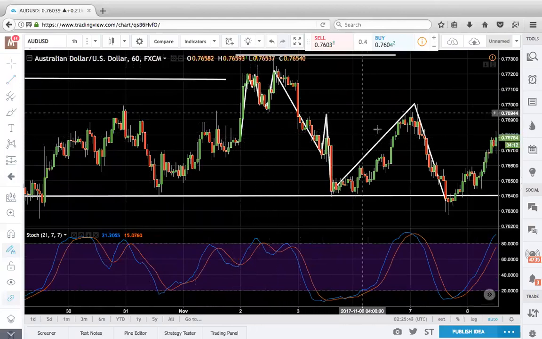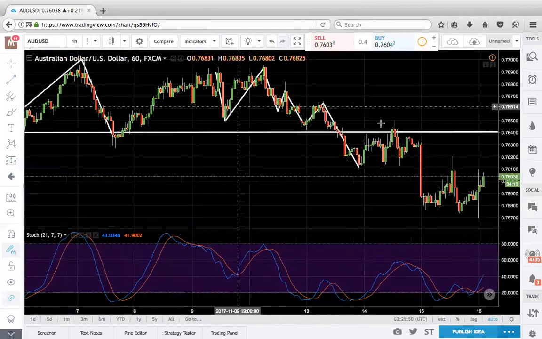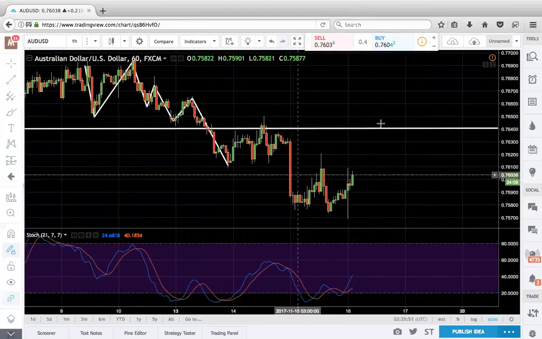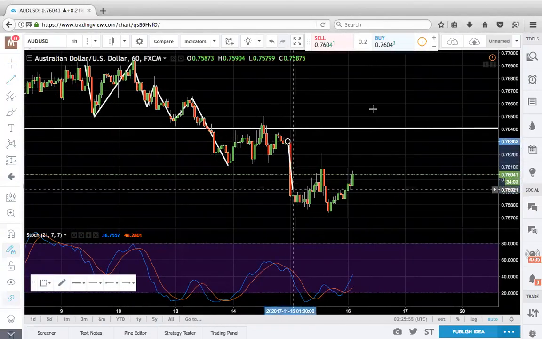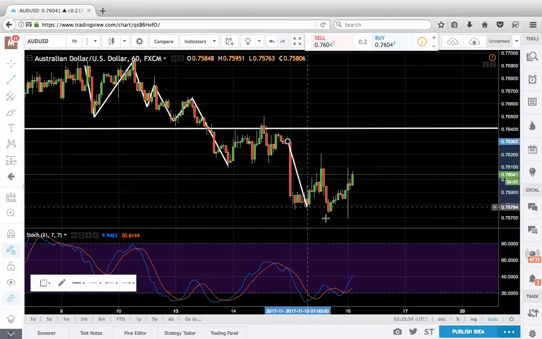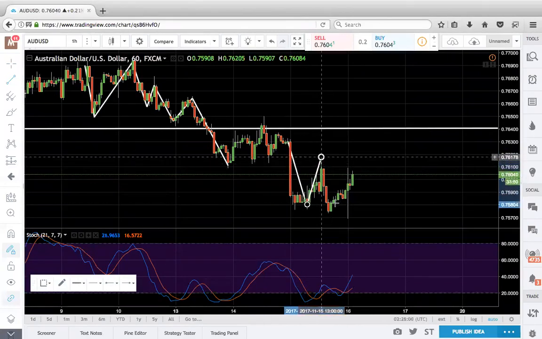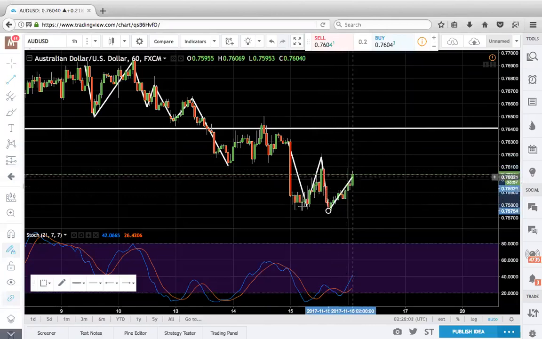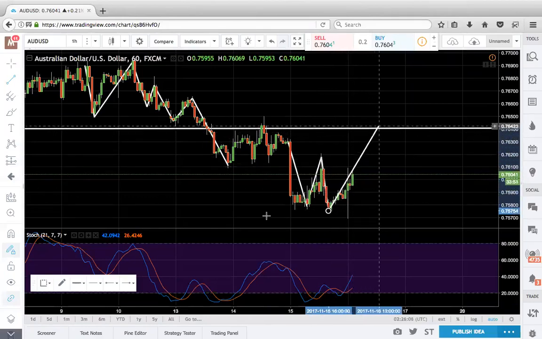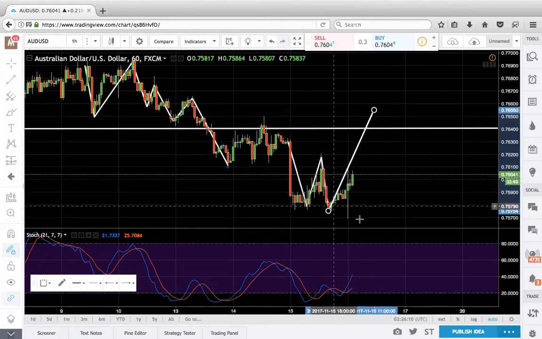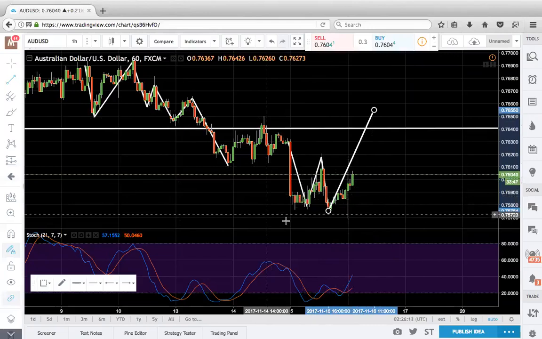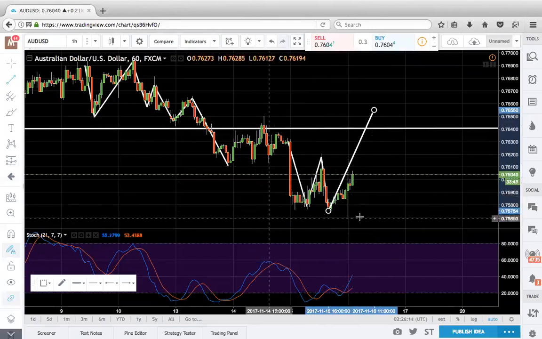So you've got the M pattern, and then you've got the W pattern, which I will show you right here. Remember earlier I said AUD USD was on an uptrend, and here's why. Very, very easy to see.